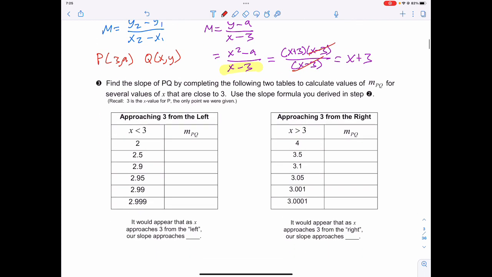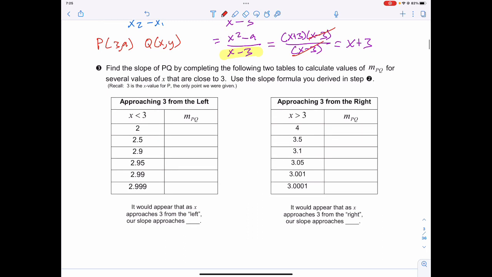If I know my slope is represented by x plus 3, then I'm going to find the slope by starting from the left, so values that are lower than 3, or starting from the right with values that are higher than 3, still using the fact that my slope is just x plus 3.